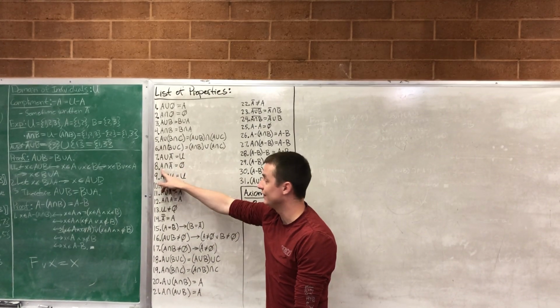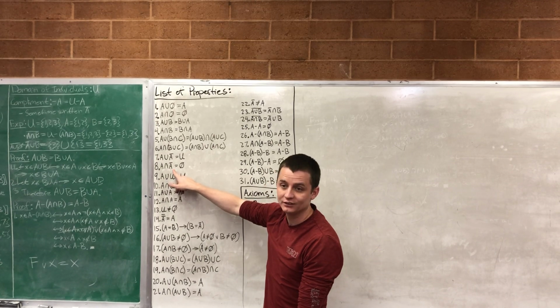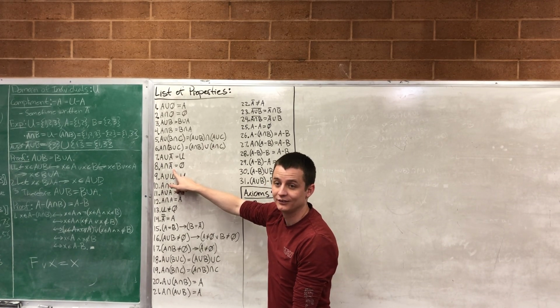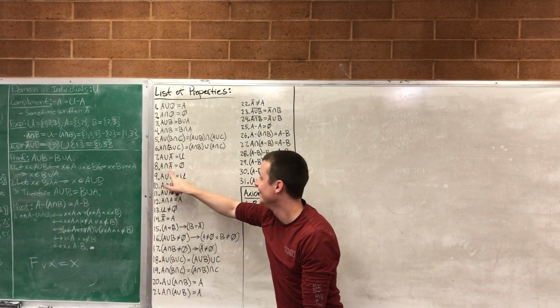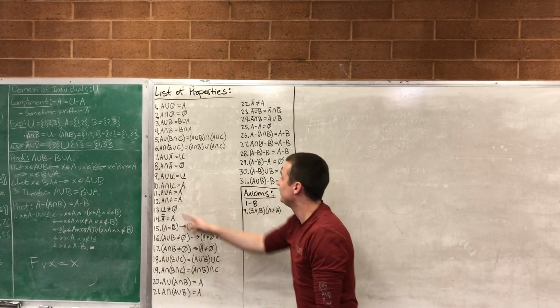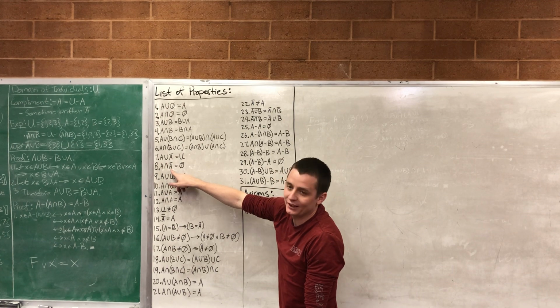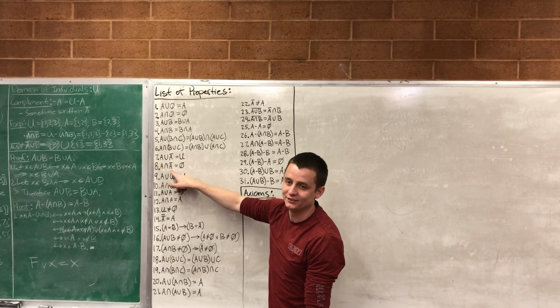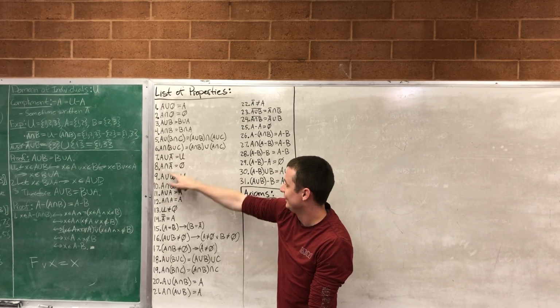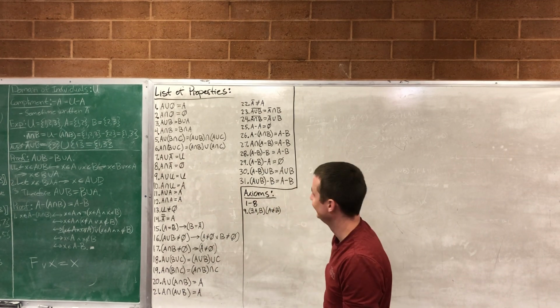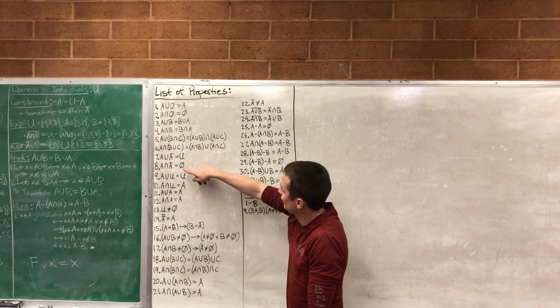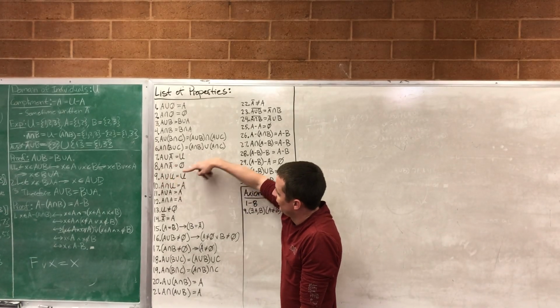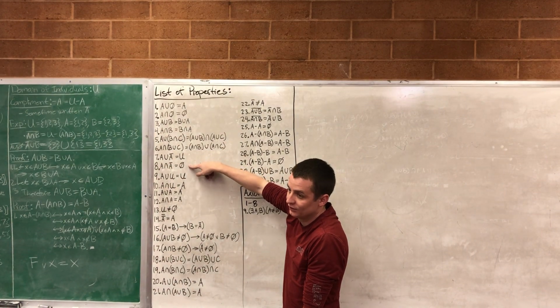If the empty set's in A, then the empty set is not in A complement, is what I meant to say. Sorry about that. Let me finish my sentence. This line makes sense? Yeah.